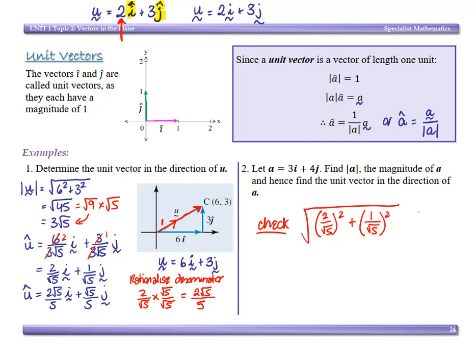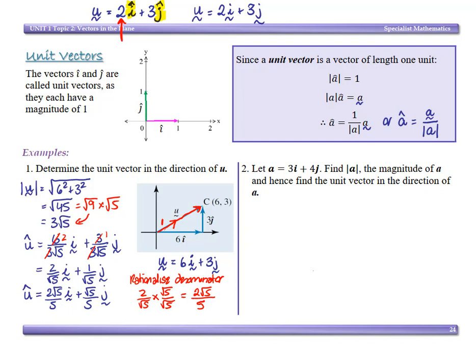So square root of x squared plus y squared to find that magnitude. So that's going to be 4 over 5 plus 1 over 5, which is a square root of 5 over 5, which is a square root of 1, which is 1 unit. So it's magnitude 1. Pause the video, try and do the next one on your own.